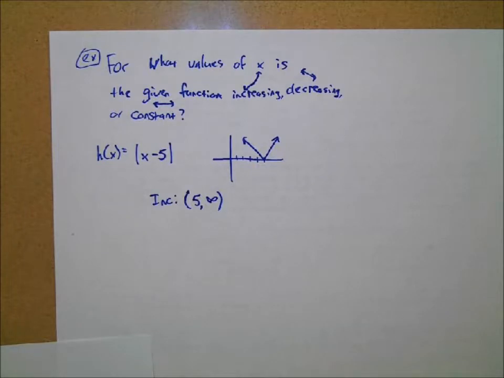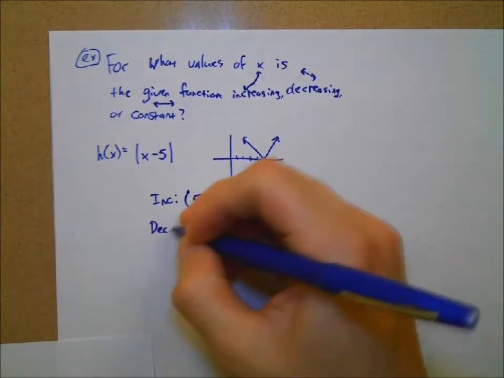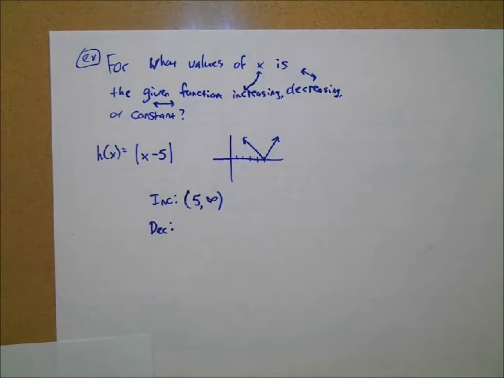Okay, decreasing. All right. And so then what's the interval of where we are decreasing? Let's go to Maddie G. Decreasing. What's the interval of decreasing there? Okay, sure. So where does it stop decreasing? It stops decreasing at what x value? 5. 5, okay.